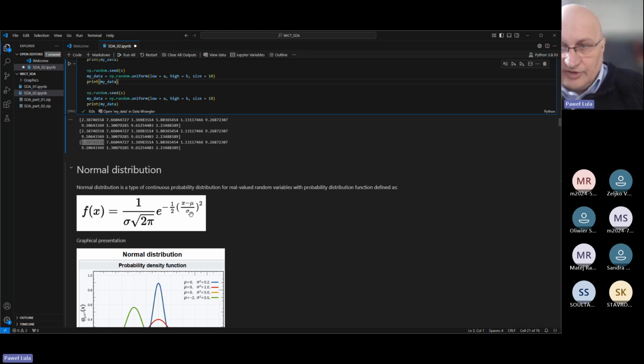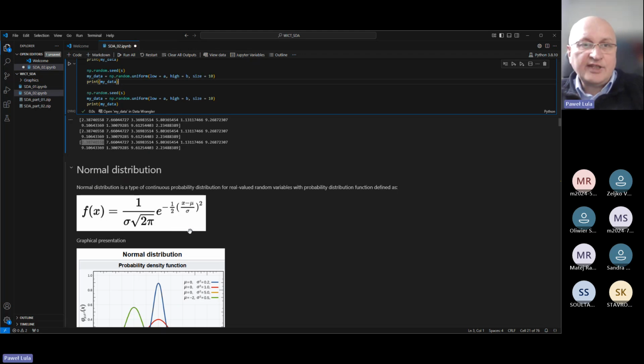For continuous data, the most popular distribution is the normal distribution. Normal distribution has a probability density function which is defined in this way.